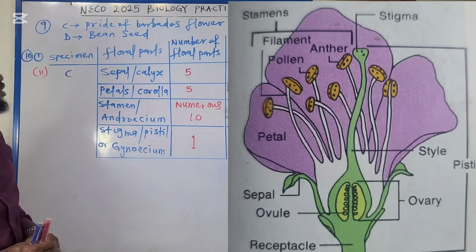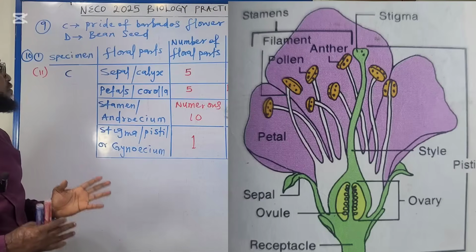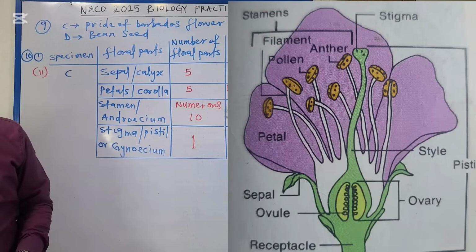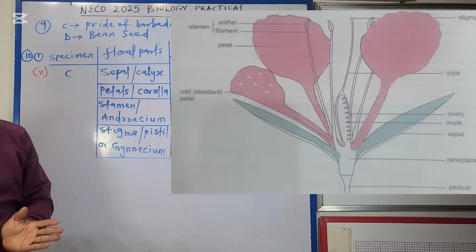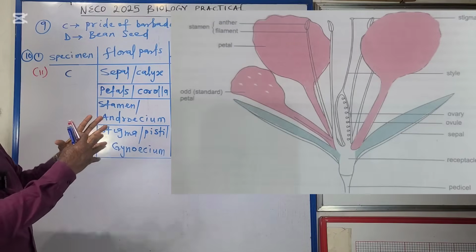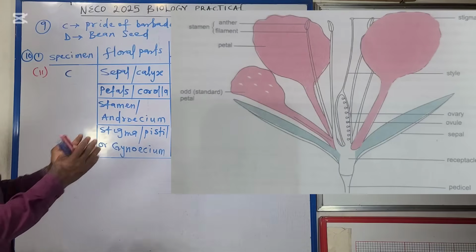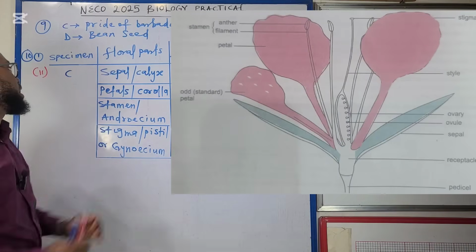But straight to the question, we're told to name the floral part. Of course, we have the sepal or calyx just after the receptacle. It is green. It protects the delicate part of the flower. It's towards the base of the flower.